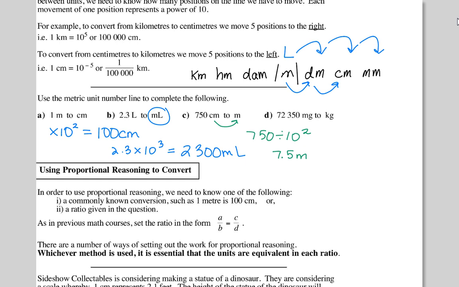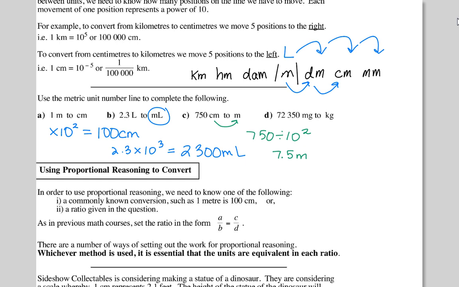And one more, mg to kg, that's milligram to kilogram. Milligram would be like how much sodium is in your noodles that you're about to eat, and kilogram would be like sacks of potatoes. So understand the difference there. 72,350 milligrams. Wow, that's kind of weird. So switch to kg. How many decimal moves?